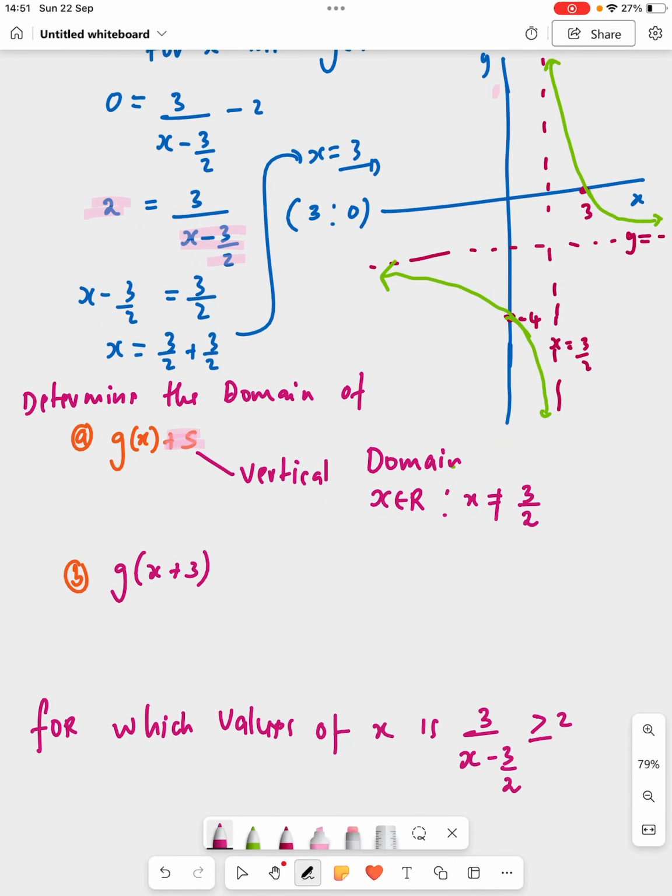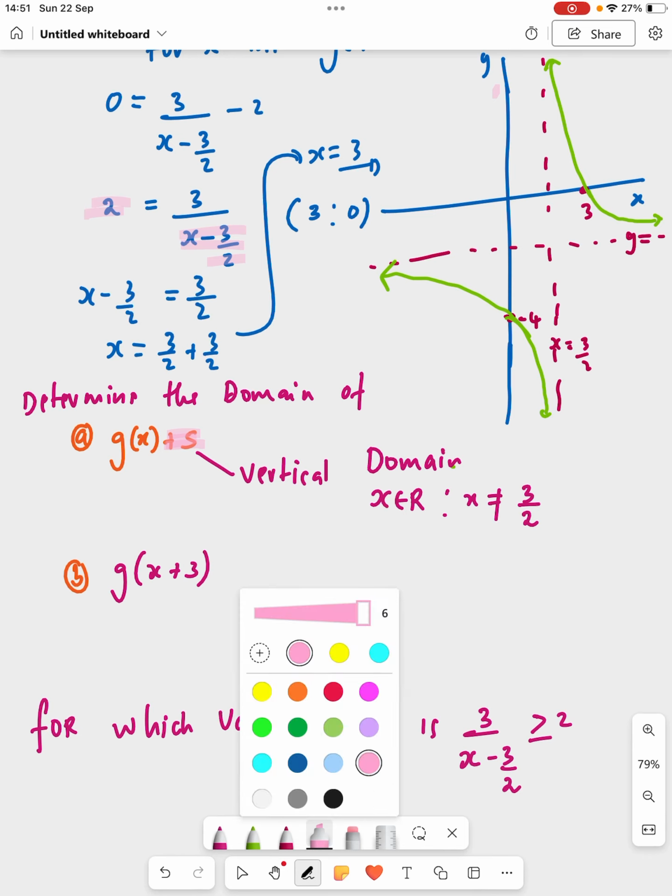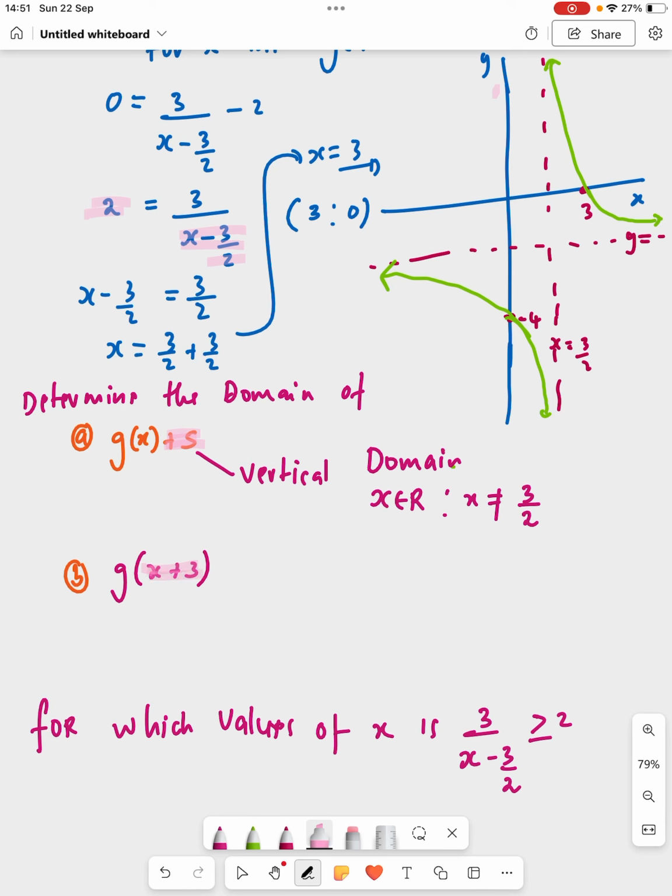Now, this one here, we are looking for the domain of g of x plus 3. Domain of g of x plus 3. With this one, this is a horizontal shift. So this one is a horizontal shift.